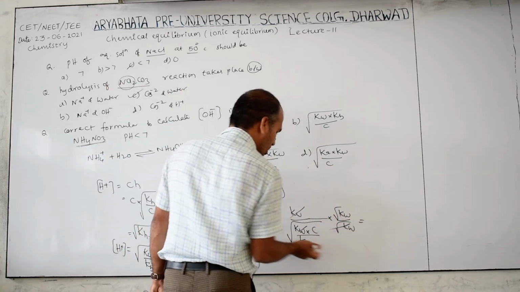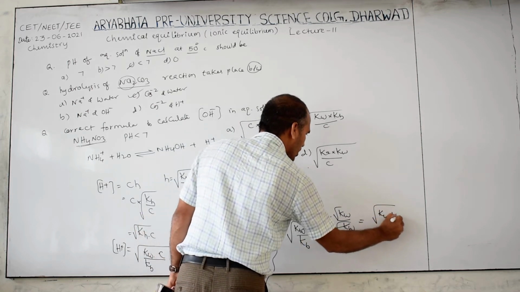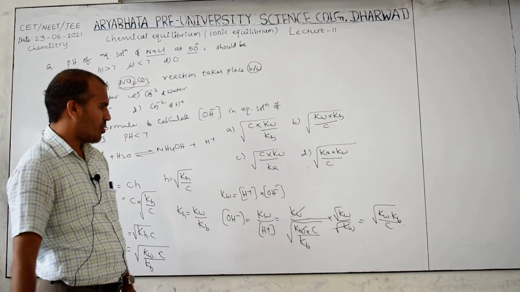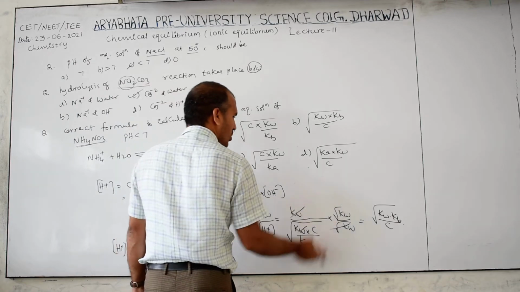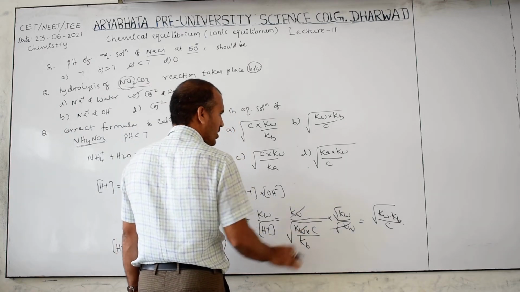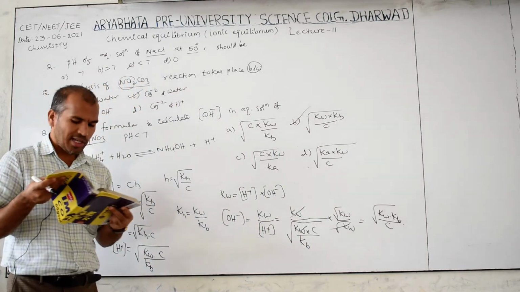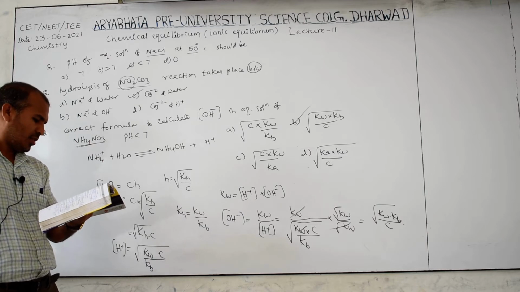Therefore, this can be represented as root of Kw into Kb by C, with Kw and Kb in the numerator and C in the denominator. Like this, option B is there. So B is the correct answer here.